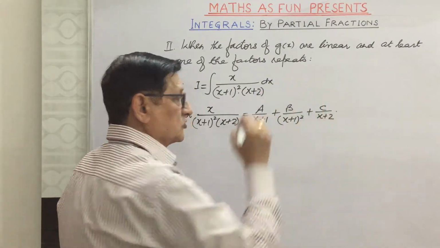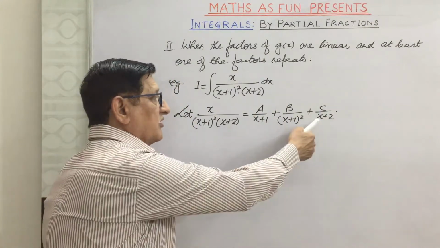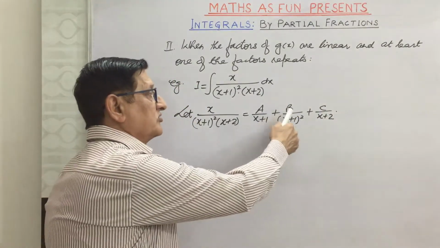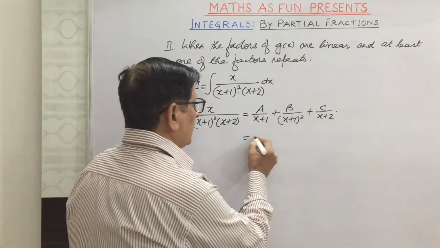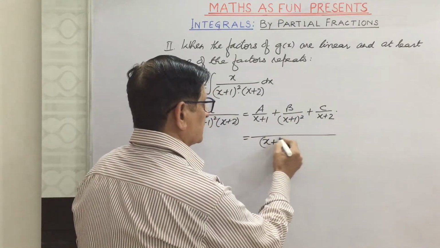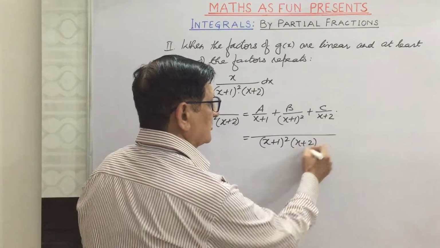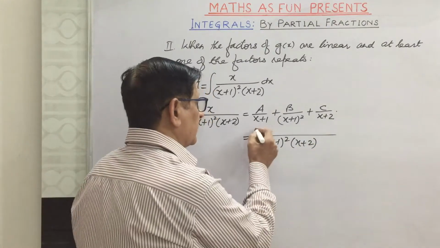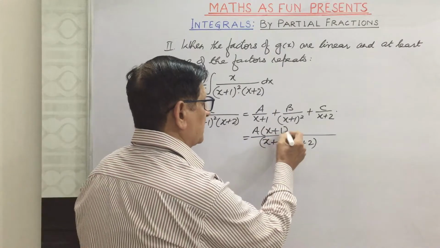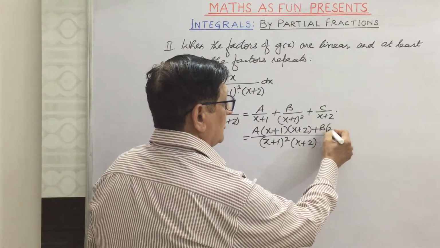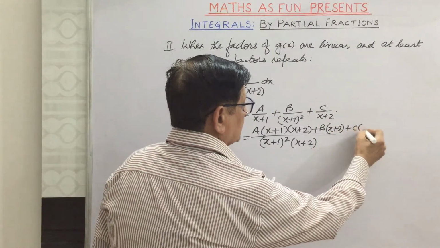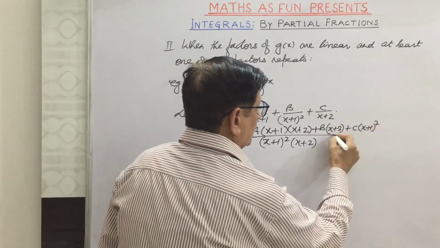upon x plus 2. Since all are linear functions, we will have only the constant terms in the numerator of each. Taking the LCM, we get here (x plus 1) square into (x plus 2) as the LCM, and the numerator will be a into (x plus 1) into (x plus 2) plus b into (x plus 2) plus c into (x plus 1) square.